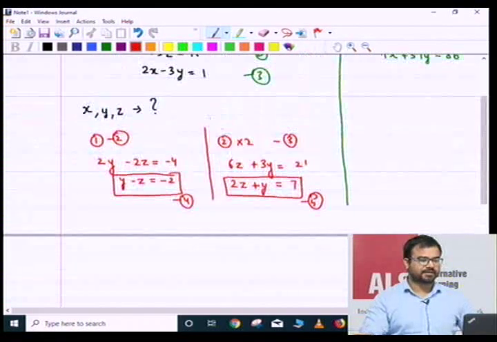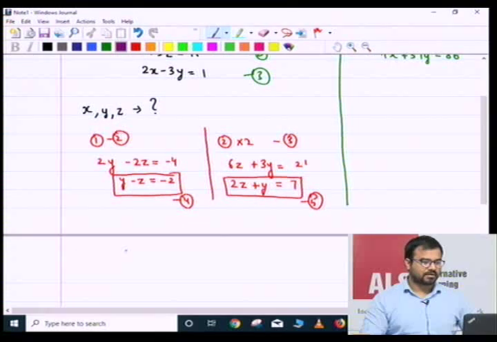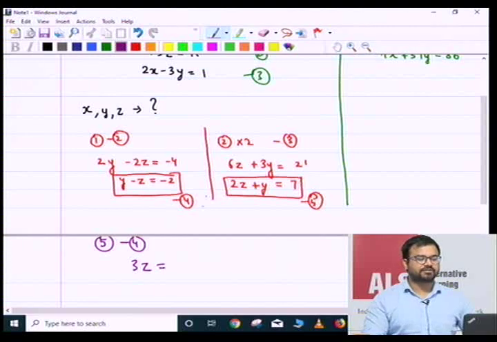Subtract equation 5 minus equation 4, so y will get cancelled out. 2z minus of minus z becomes 3z, and 7 minus of minus 2 becomes 9. So z will be equal to 3.